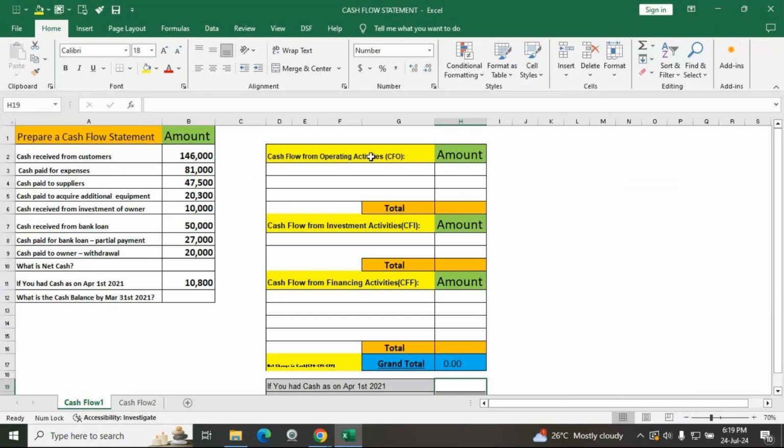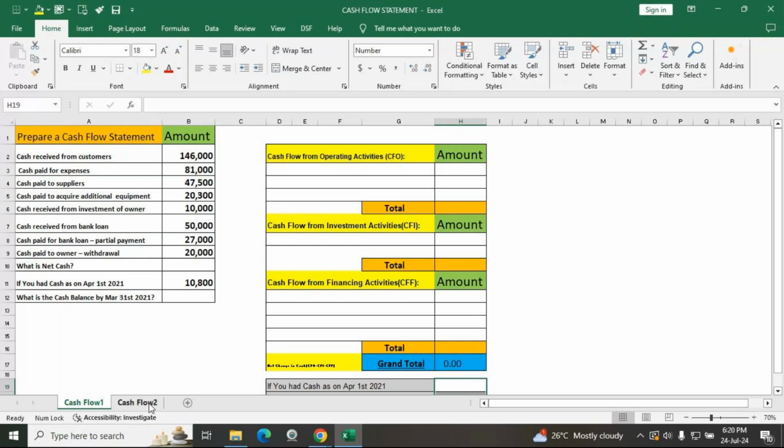Accordingly, for cash flow from operating activities, whichever line item should come here, you have to put accordingly. For cash flow from investment activities, you have to choose those from the table and put them here. And for cash flow from finance activity, whichever line items belong, put them here. Then the grand total of CFO, CFI and CFF, all together you have to put here.